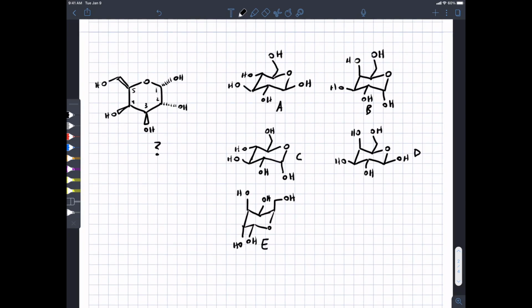So, I might ask you, and here's what people typically do if they're not very thoughtful about this kind of question. I would ask the question in this way: which of these is the most stable chair conformation of galactose?